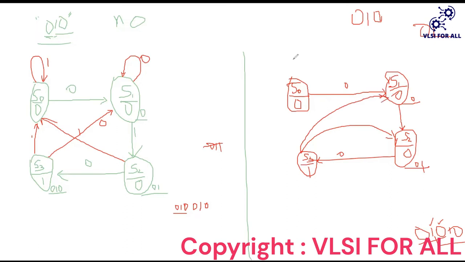Let's draw for the inputs that are not being used now. So here, when we get 1 as the input, we'll be going back to the same state. Sorry, I forgot to mention here, this is for 1 and this is for 0, and this input is 1.